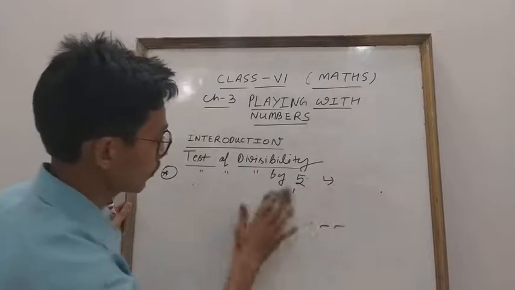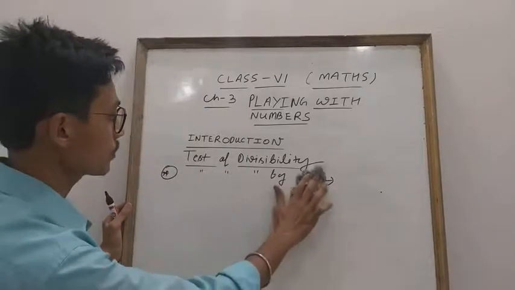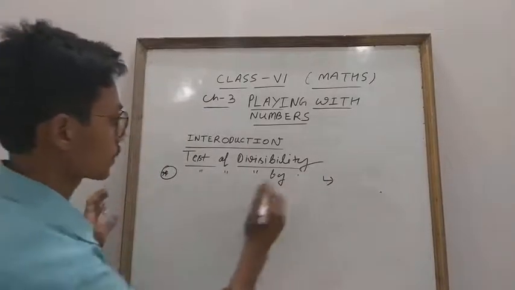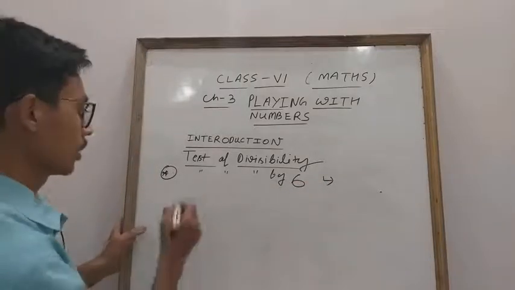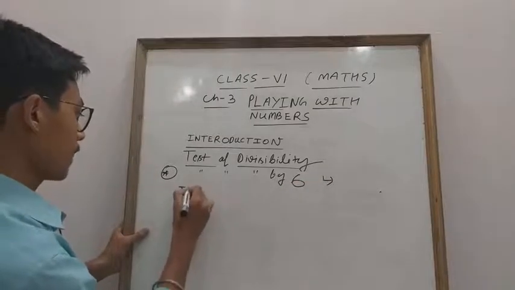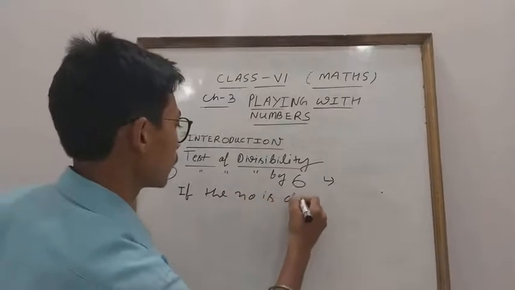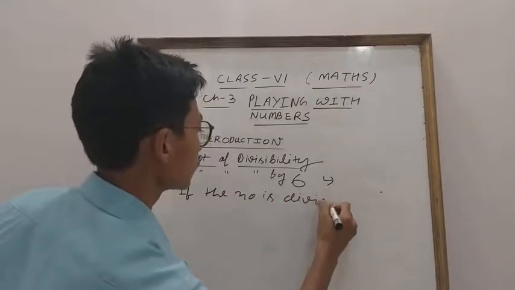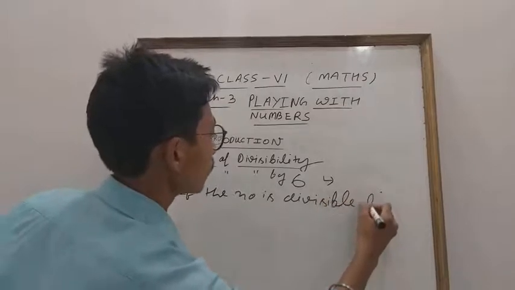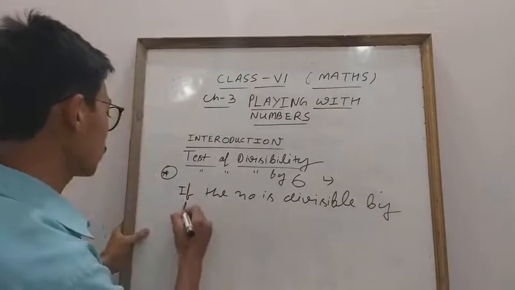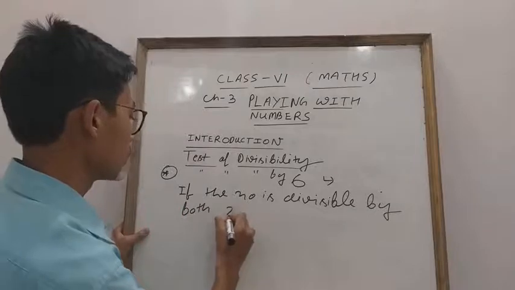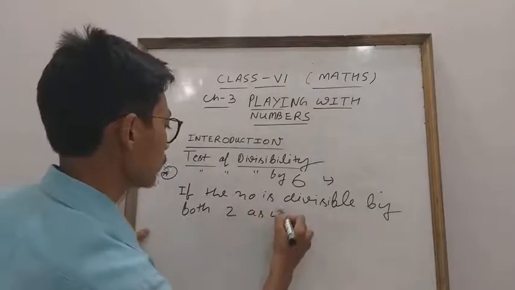Okay. Now the next thing is the test of divisibility by 6. Clear student? If the number is divisible by both 2 as well as 3.